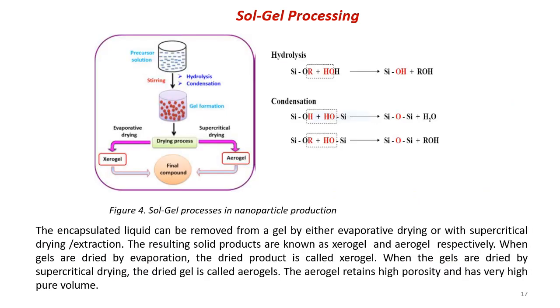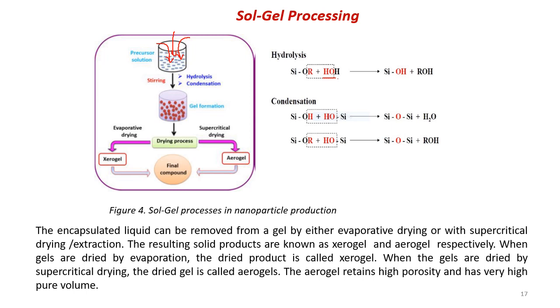So we can see this sol-gel process here. The precursor, which is the initial part of the preparation of synthetic nanomaterials, is taken here. For example, silicon and alcohol are both added, and water, H2O, is also added, and it is continuously stirred.